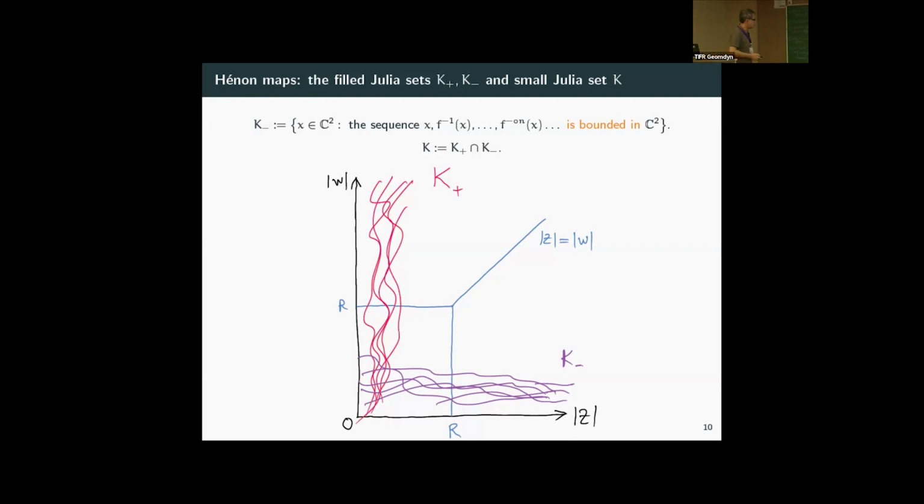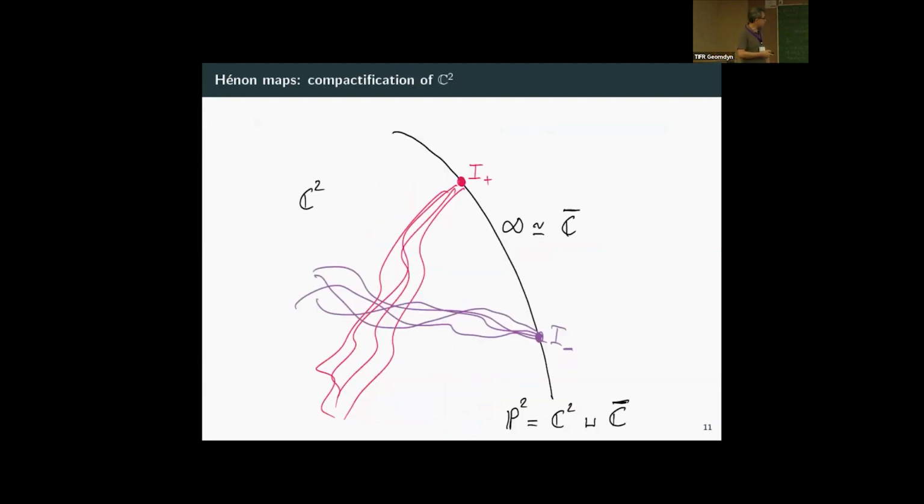To study this dynamical system, it is more convenient to work not directly with C2, but with a compact complex manifold. For this reason, we try to compactify C2, and the simplest way to compactify C2 is to glue C2 at infinity with some Riemann sphere. So the infinity that you see here is the Riemann sphere, and if you do so, then the picture becomes like that.